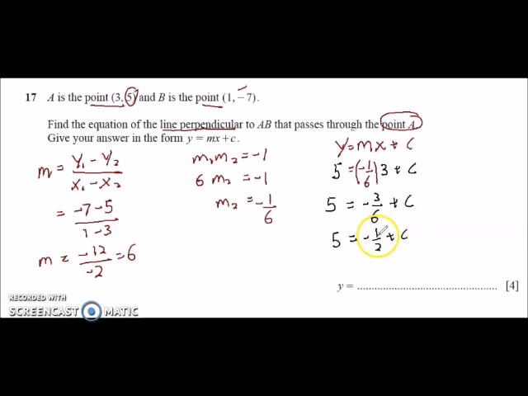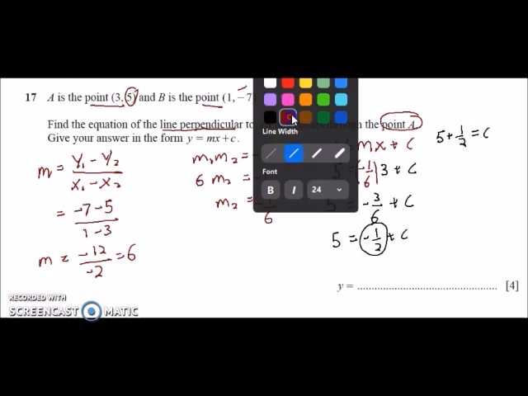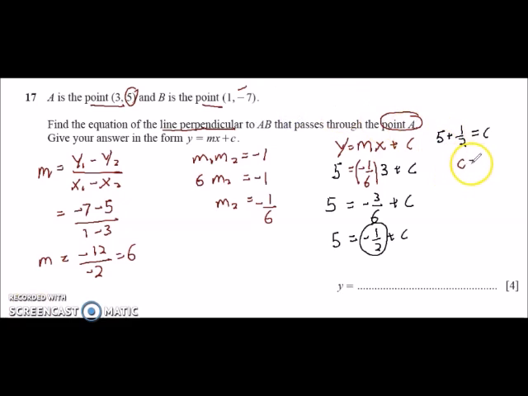Okay, and then the minus 1 over 2 will be moved to this side, so it becomes 5 plus 1 over 2. So your c here will become 11 over 2.